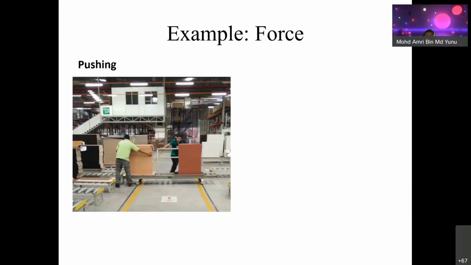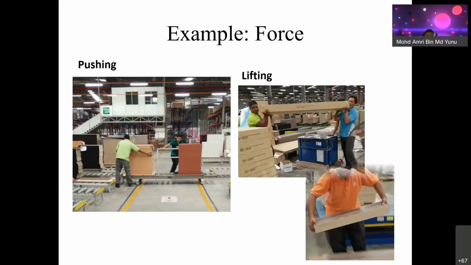So this is an example of force: pushing a stack of material on the conveyor, lifting a stack, lifting that requires 2 people. This one is lifting by only 1 person.